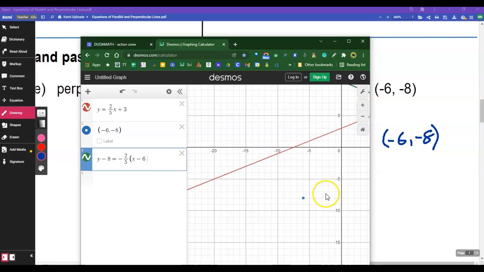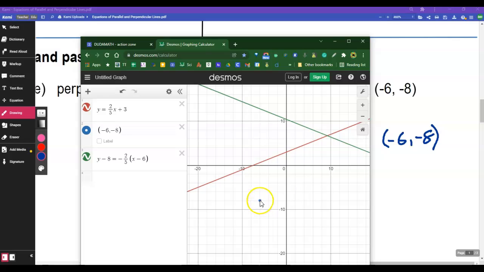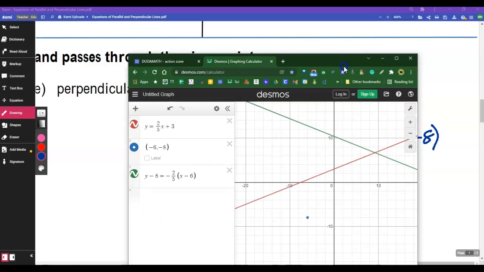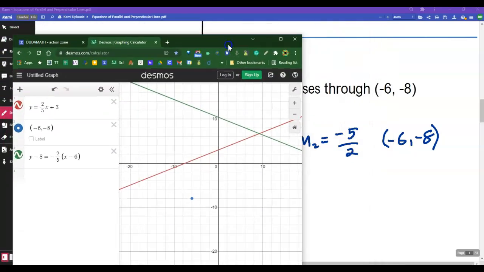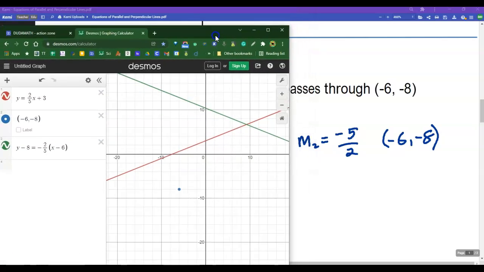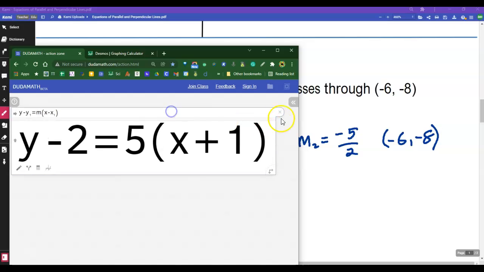So if I did something like this, and I messed up on some negatives, I'd look at this and say, no, it's not going through the point it should be. It should be going through negative 6, negative 8. My equation, if I did it this way, is not working, and you'd keep changing or trying to fix something until it worked. So what's the equation that you come up with on here? And if you're not sure, you have this other tool.